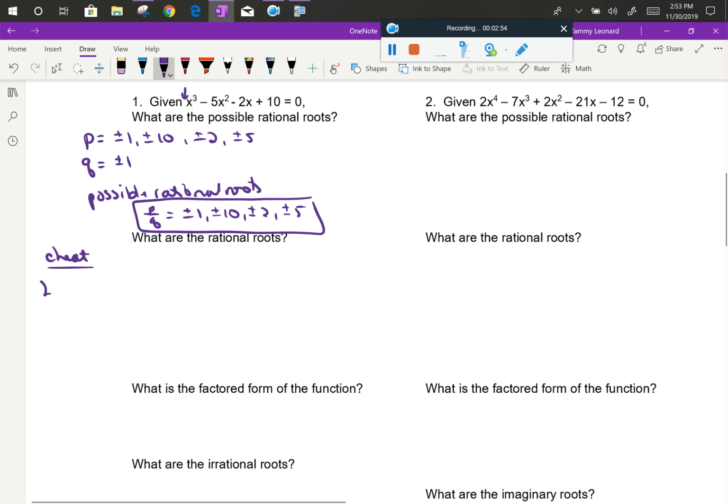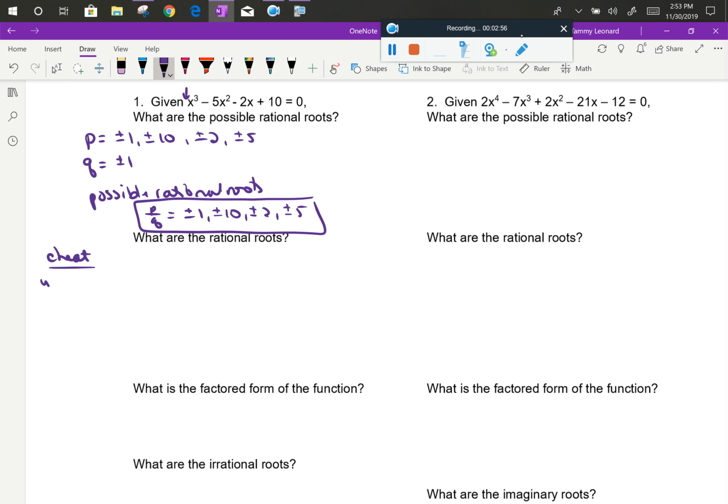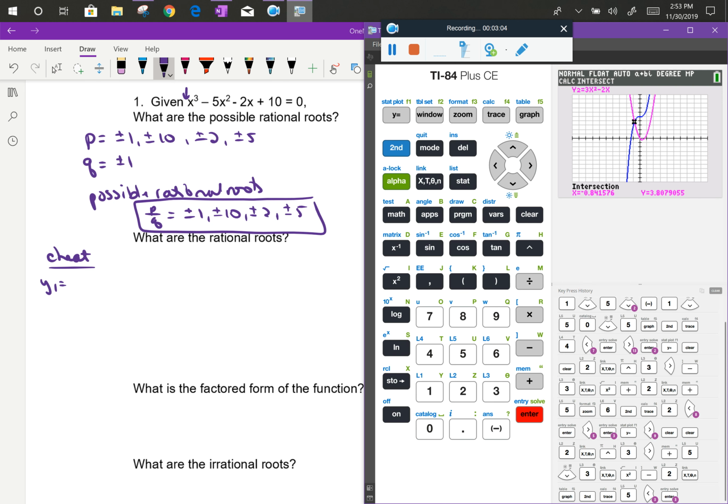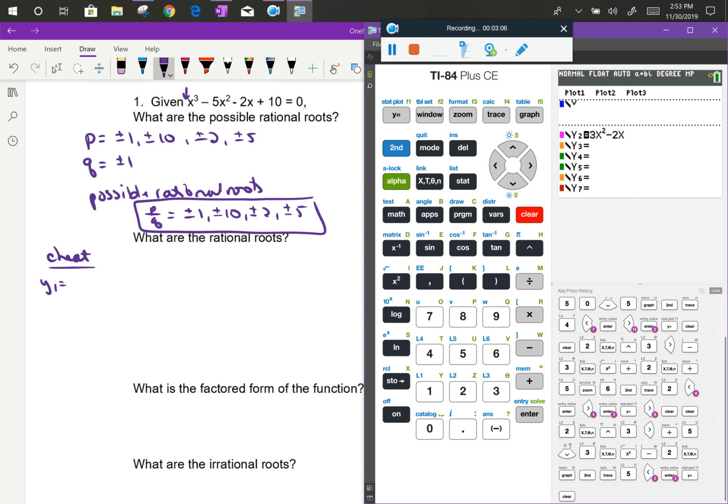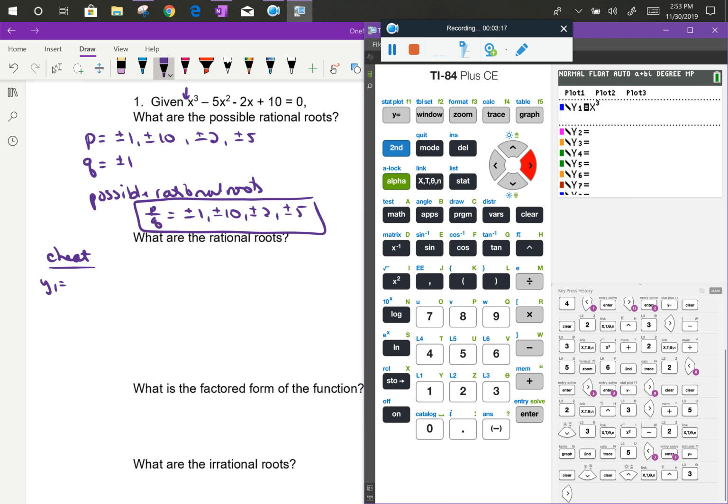So we go to y1, and in y1, we're going to type the equation. And then from there, we're going to draw a super rough sketch. So let's pull up the graphing calculator and put in the equation. I'll clear out stuff from previous problems I was working on. The equation was x cubed minus 5x squared minus 2x plus 10.